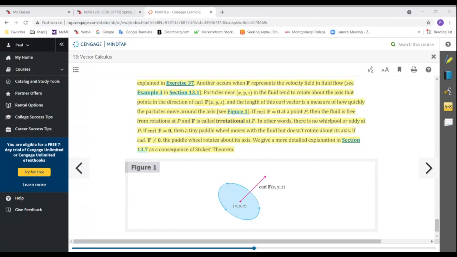And the length of the curl vector is a measure of how quickly the particles move around the axis.